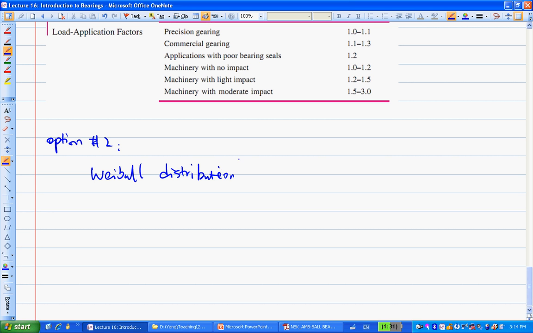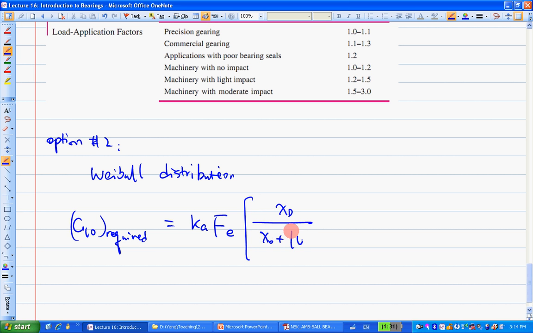Okay, so here's a formula. Your C10 required equals KA and FE, then small xd over x naught plus theta minus x naught ln 1 over R capital D, to the power 1 over small b, and then to the power 1 over small a.